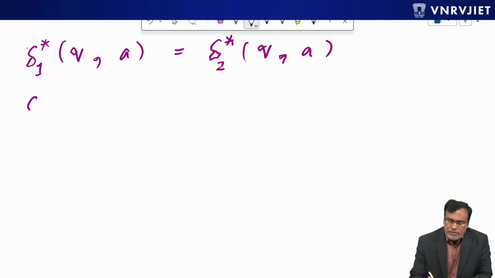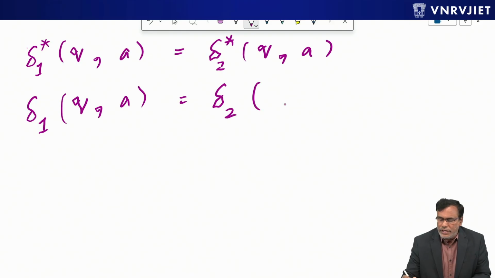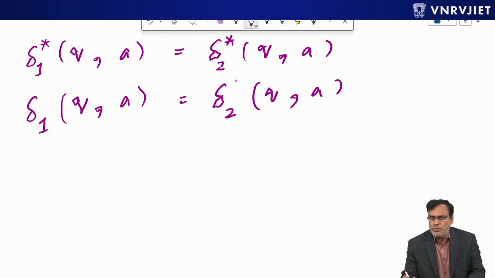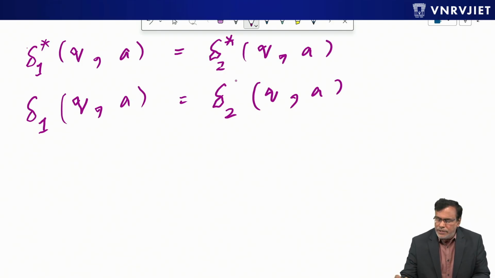That is, delta 1 of QA equals delta 2 of QA, because delta 2 star of QA equals delta 2 of QA, and delta 1 star of QA equals just delta 1 of QA with one input symbol. So this is an important formula.